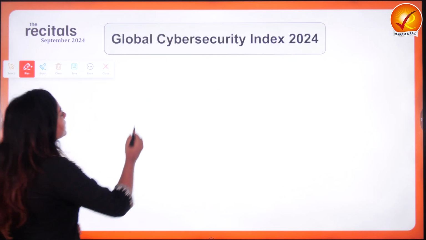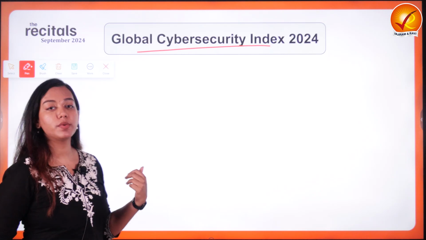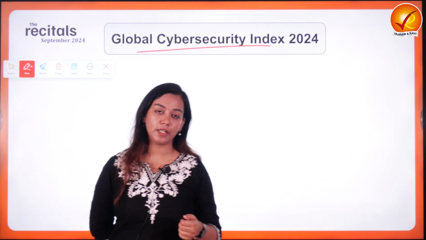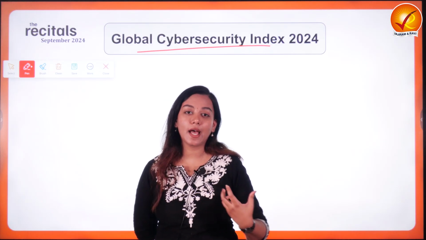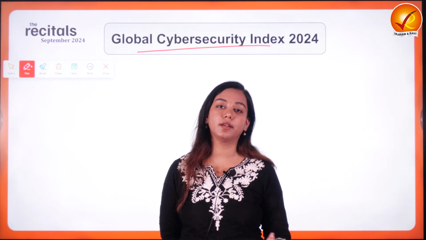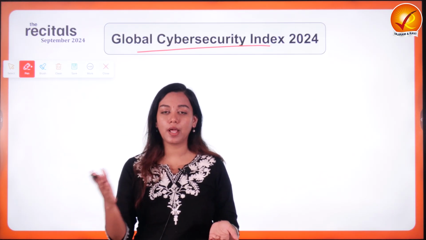Now the next topic is about very good news coming for India in the Global Cybersecurity Index of 2024. This has put India, despite having seen a lot of cyber attacks in the past and also in this particular year, and we have analyzed cybersecurity many times in the analyst program of Vajiram.